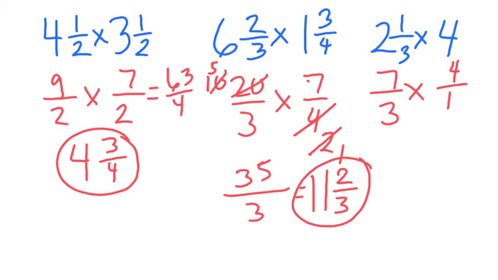So top times top, bottom times bottom. 7 times 4 is 28. 3 times 1 is 3. Make it a mixed number. 3 will go 9 times into 28, because 3 times 9 is 27. So 9 times with 1 left over.